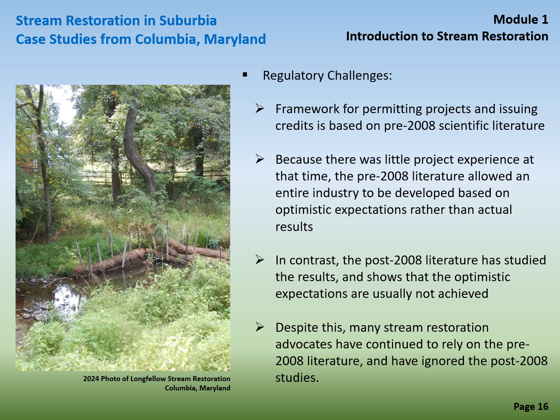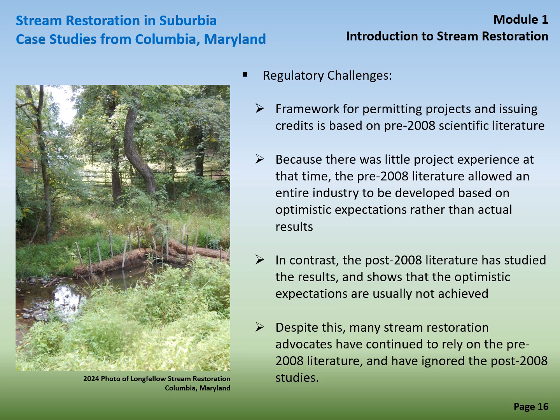There was very little project experience. So the benefits that these projects were expected to have were sort of optimistic expectations, but they weren't backed up by actual data. But an entire industry grew up using these authorizations to justify their stream restoration projects.